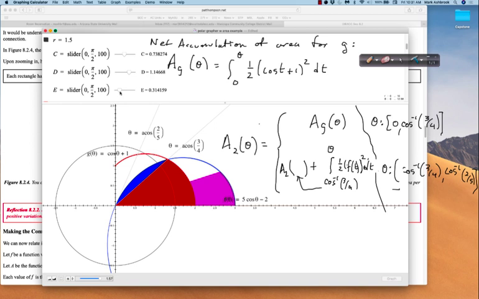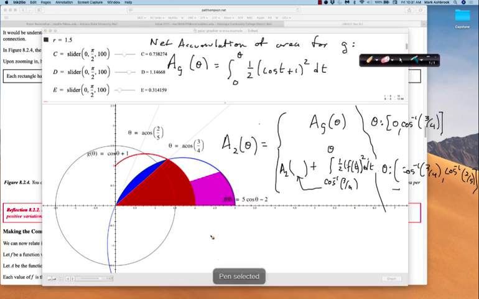Would it just be the total accumulation of the blue function minus A2 of theta? Yeah, so how could you write that all as one integral? So you're saying integral minus integral? Yeah, but if we wanted to write that as one function, one integral function, how would we do it? So we'll call this A3. I want to do it as one integral.